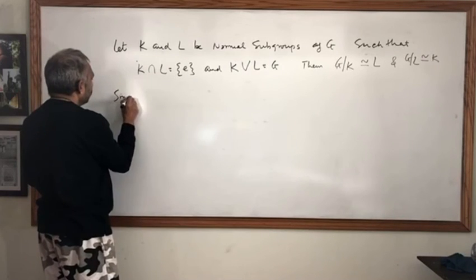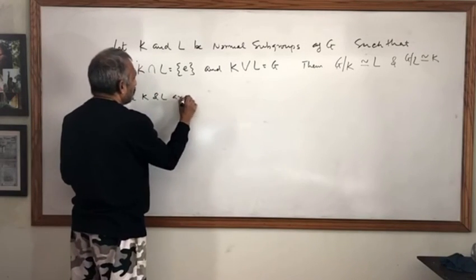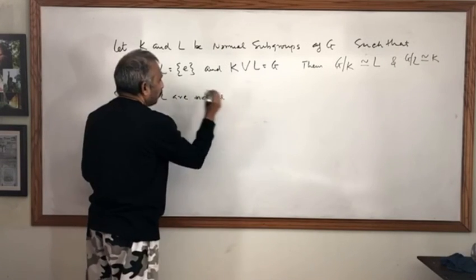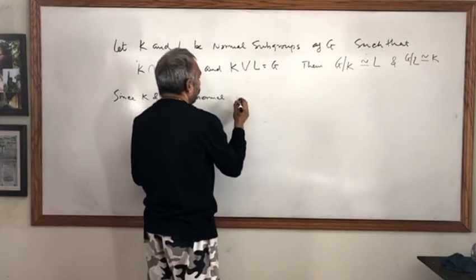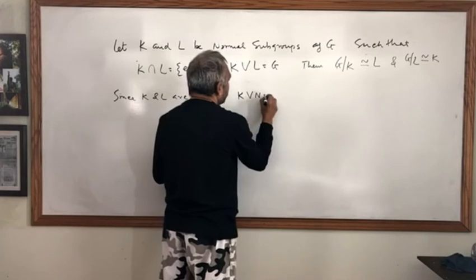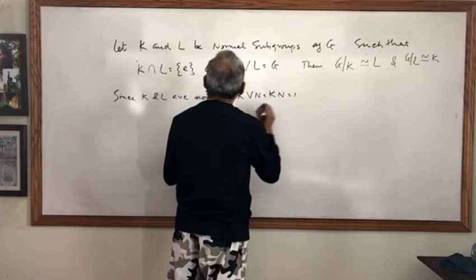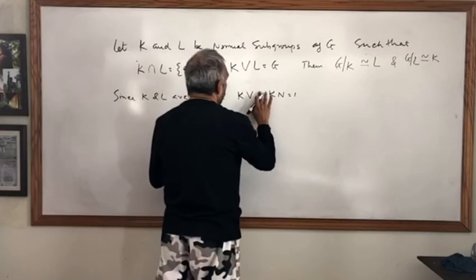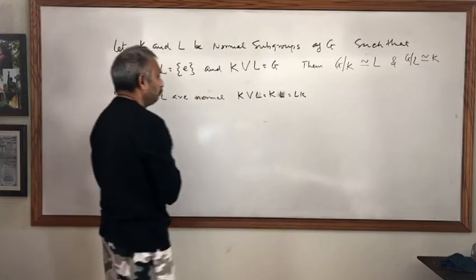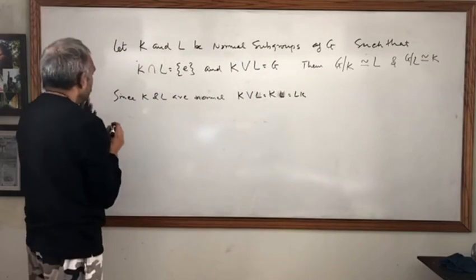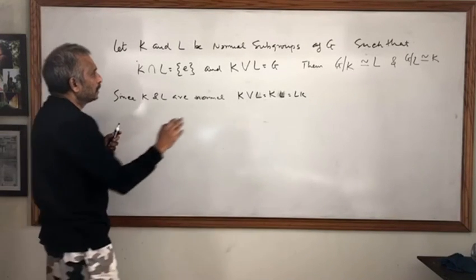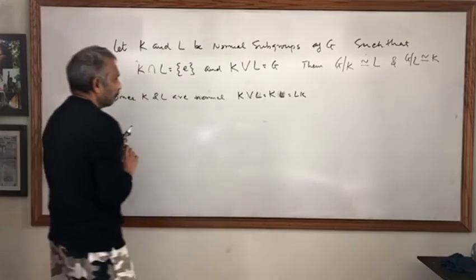These two are normal subgroups. So since K and L are normal, K join L is equal to KL is equal to LK. Right? Because L and K are normal.